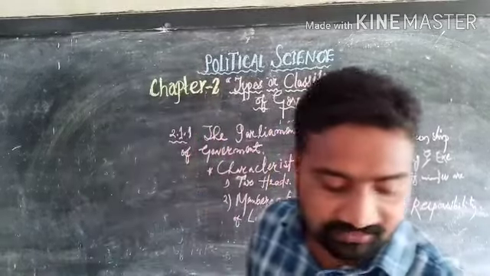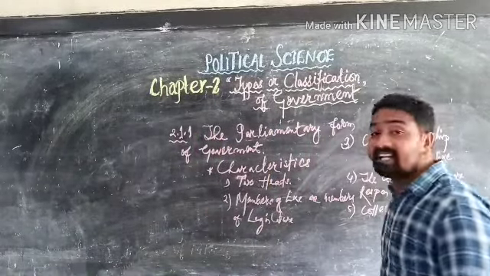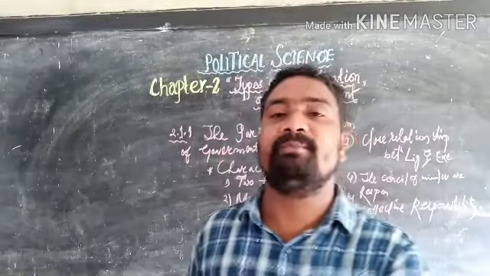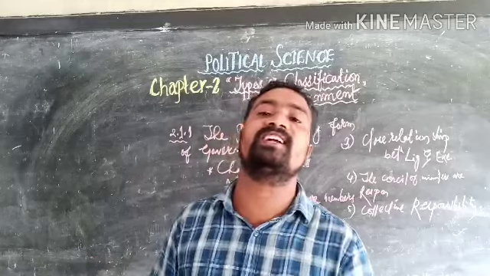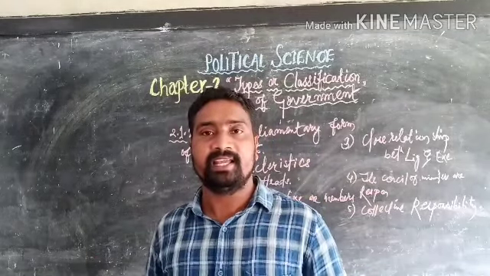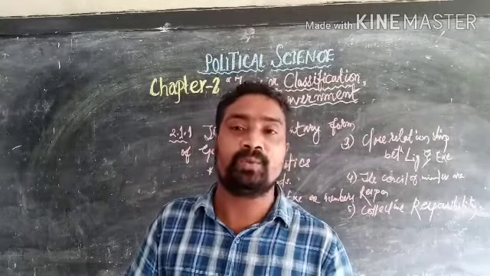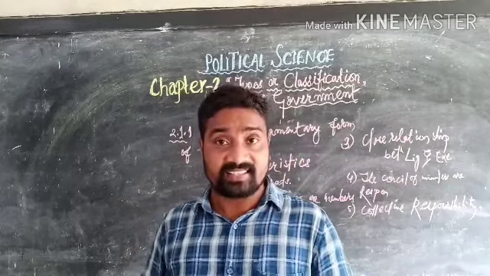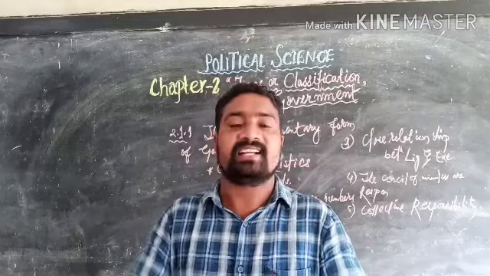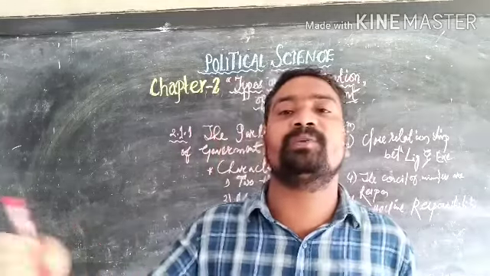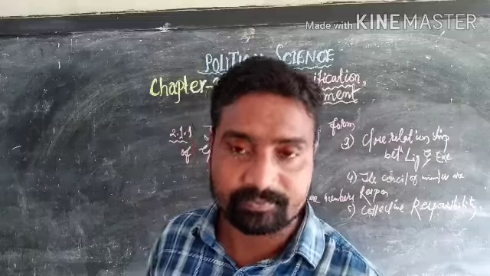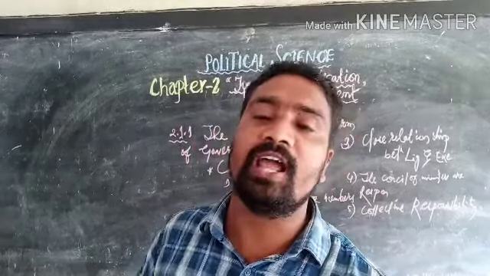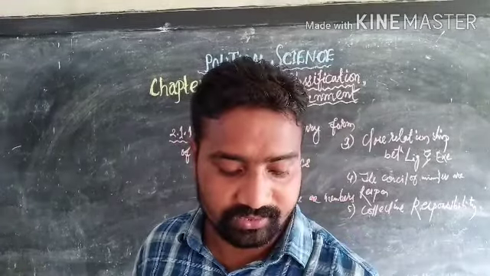Okay. And then the fifth point is collective responsibility of the Council of Ministers. Prime Minister is not alone ruling the country. He is ruling the country with the help, with the support of the Council of Ministers. They are together collectively responsible for every act, every work they do.